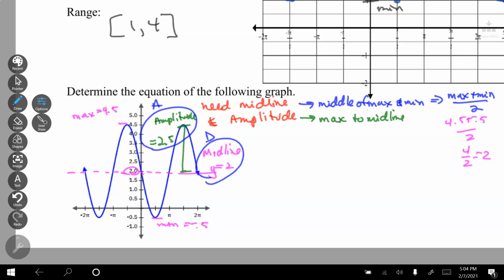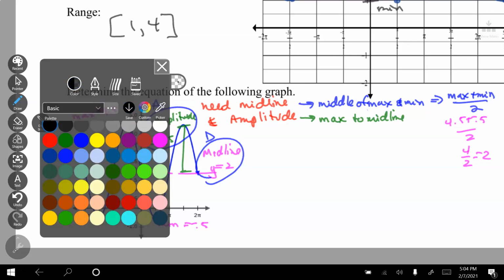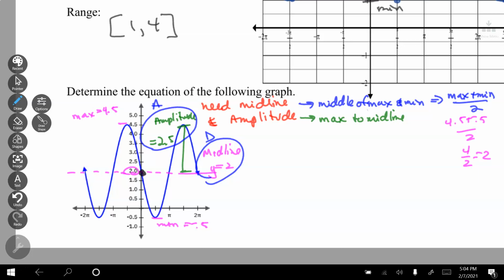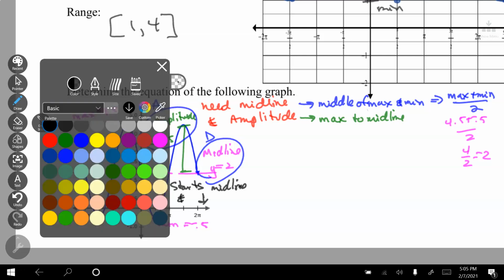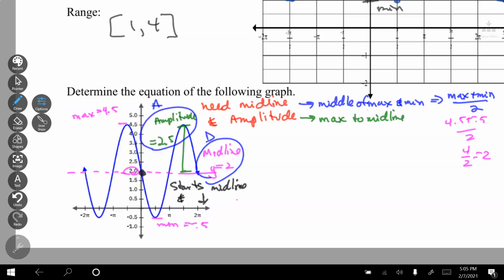Now the other thing I need to know is to recognize what type of graph it is. If I look carefully at this graph, it starts at the midline and goes down from there. So it starts on the midline. It has to be a sine graph, but not only is it a sine graph, it's going down from there.